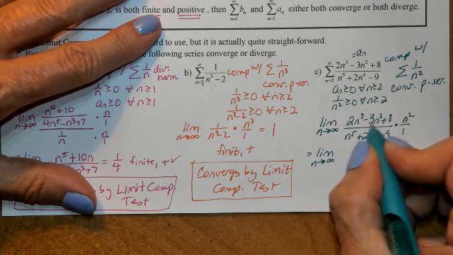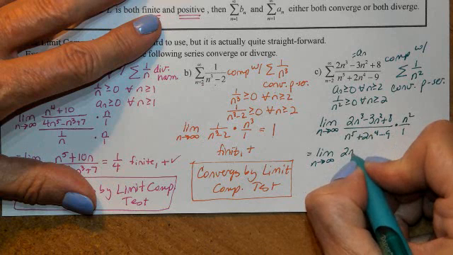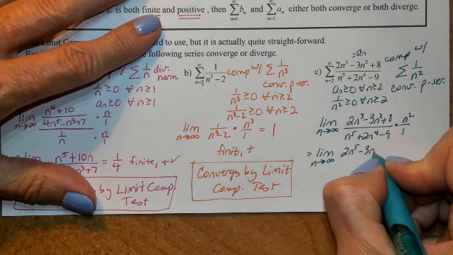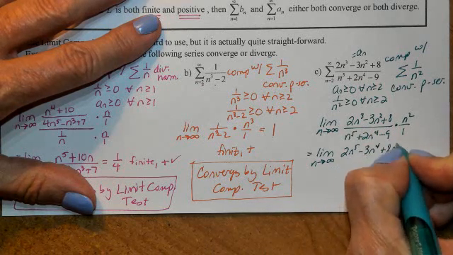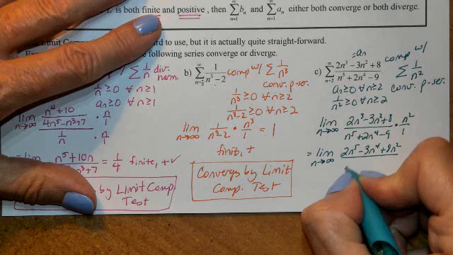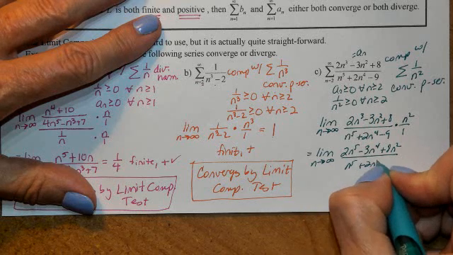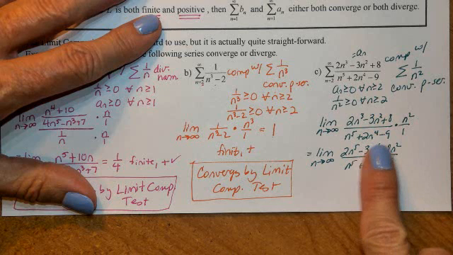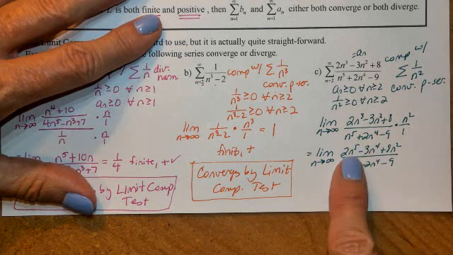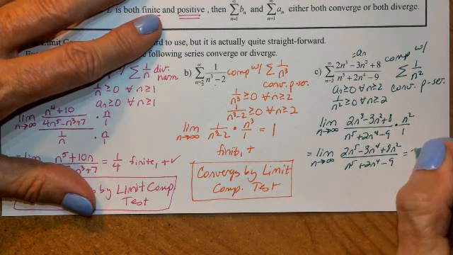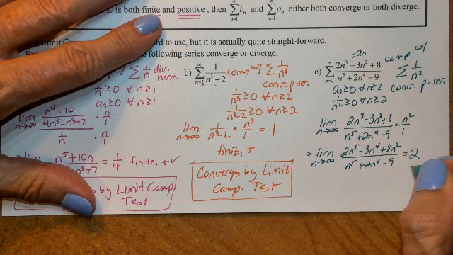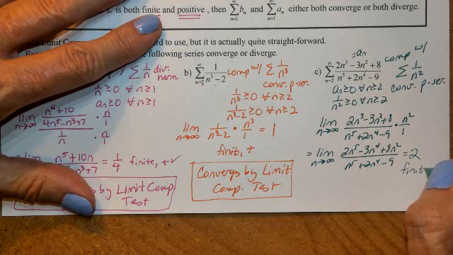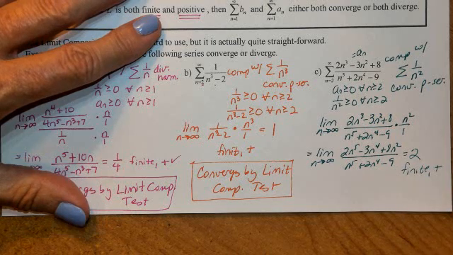So when you multiply in your n squared, you're going to get 2n to the 5th minus 3n to the 4th plus 8n squared divided by n to the 5th plus 2n to the 4th minus 9. What's that limit? These don't matter. The n to the 5ths reduce out, and you're left with 2. Finite, positive.